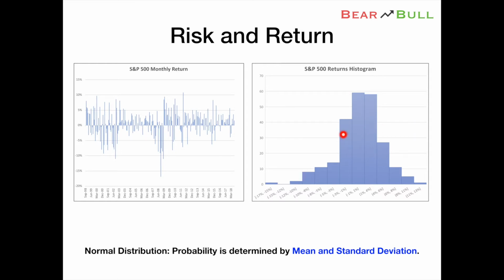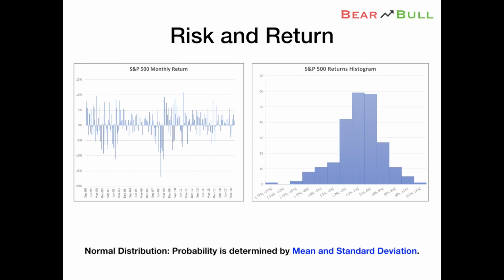People tend to react in a stronger way to fear than they do to greed. The distribution could also have fatter tails, meaning that the probability of a very unlikely event here, where the market goes down a lot, could be higher than what is predicted by a normal distribution.